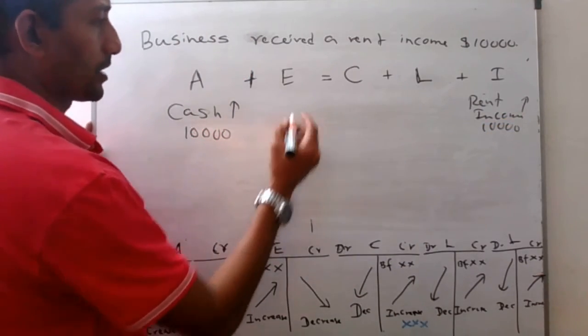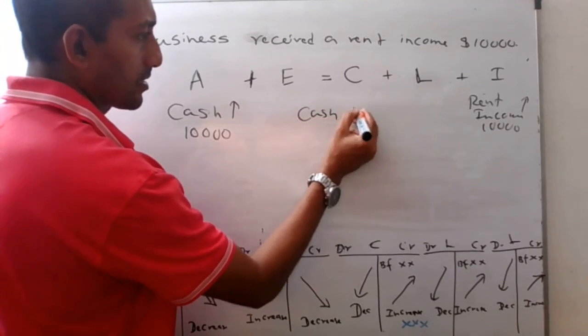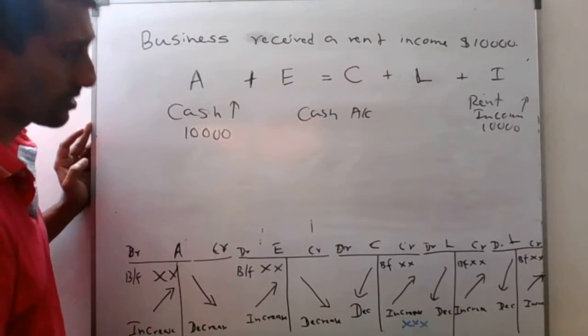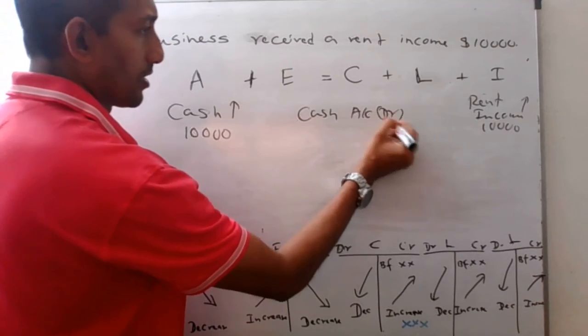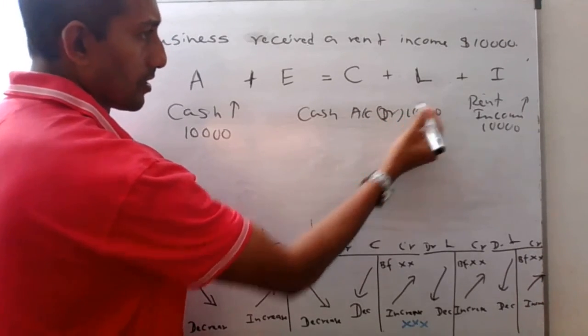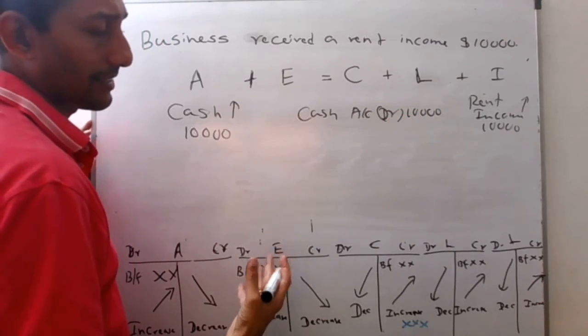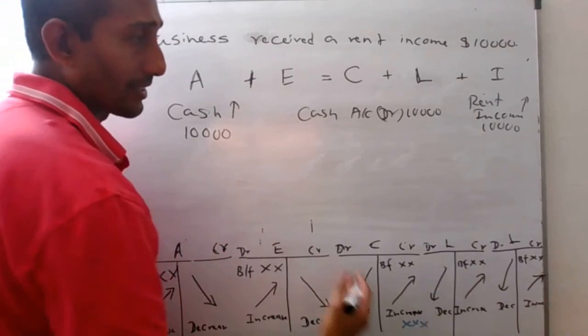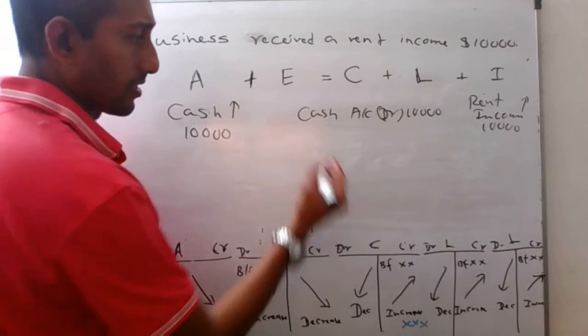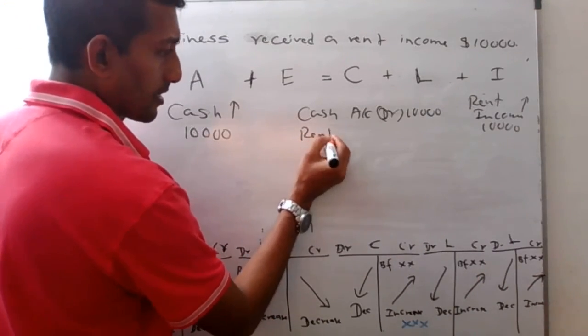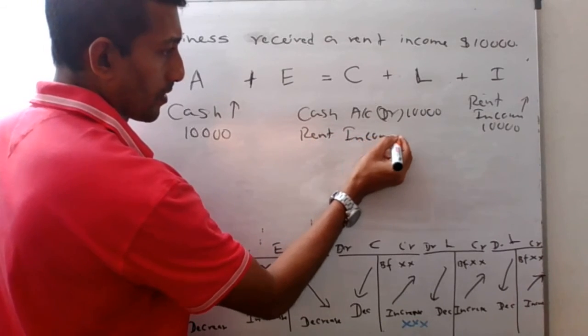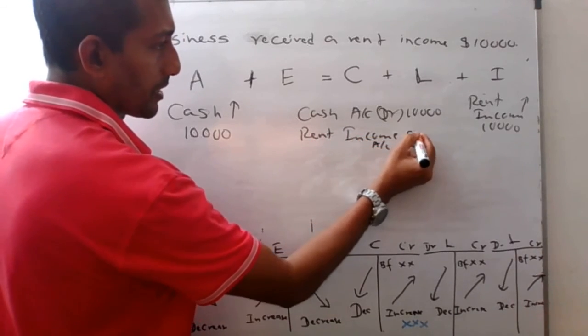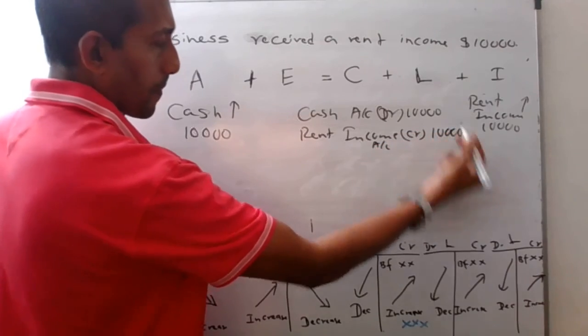So the effect would be the cash increase. We know it's an increase of an asset, so we debit 10,000. The rent income is an income account, so an increase in the rent is credit. So therefore, rent income would be credit 10,000.